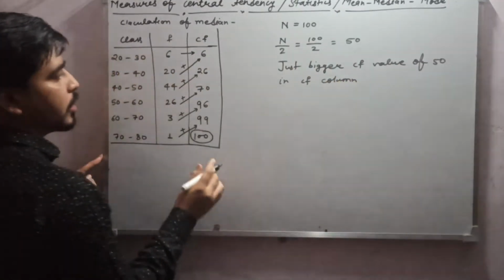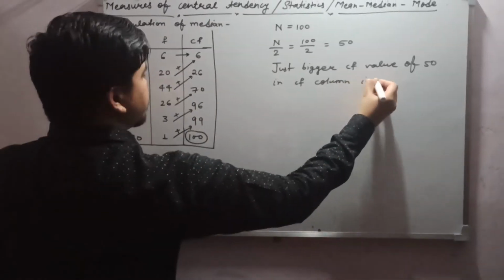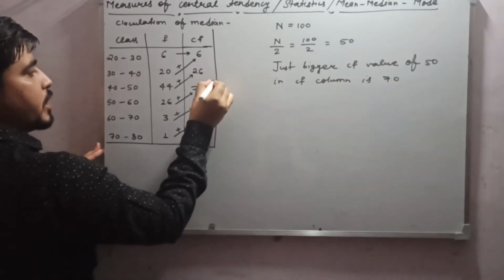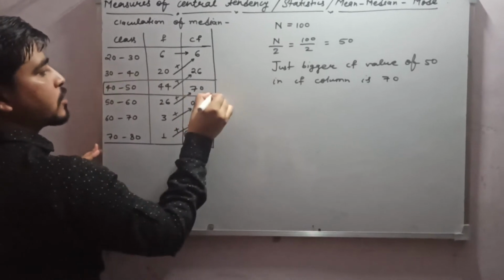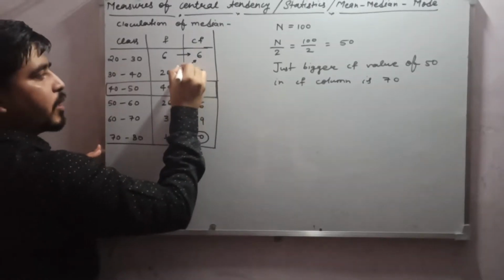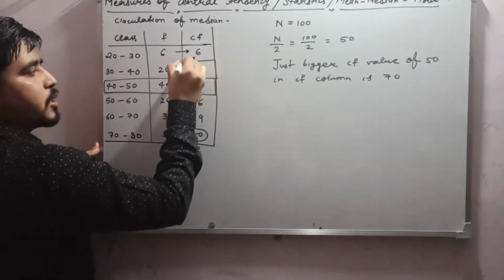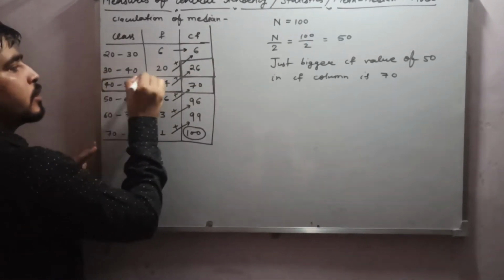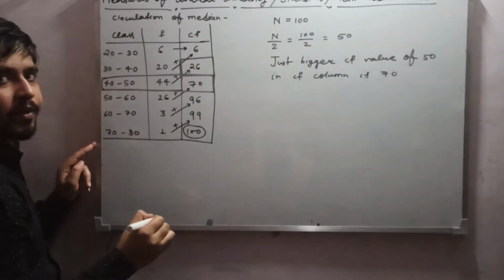That is 70. Mark it in a box and take the one above value also. This is called an L-shape figure.